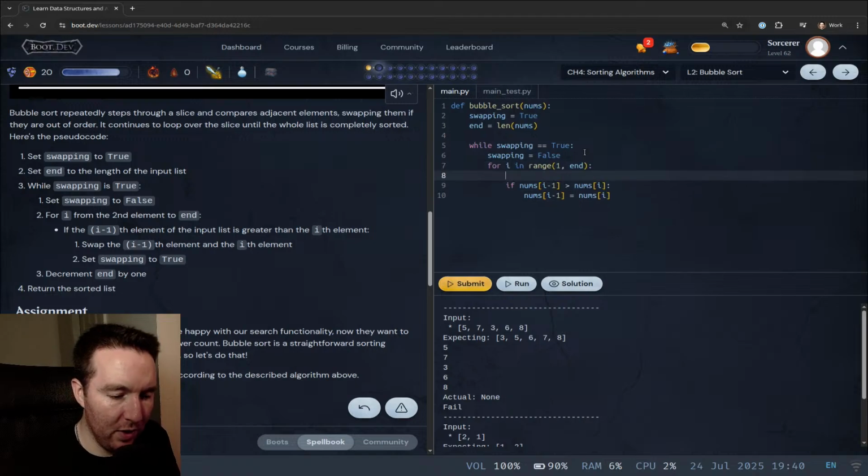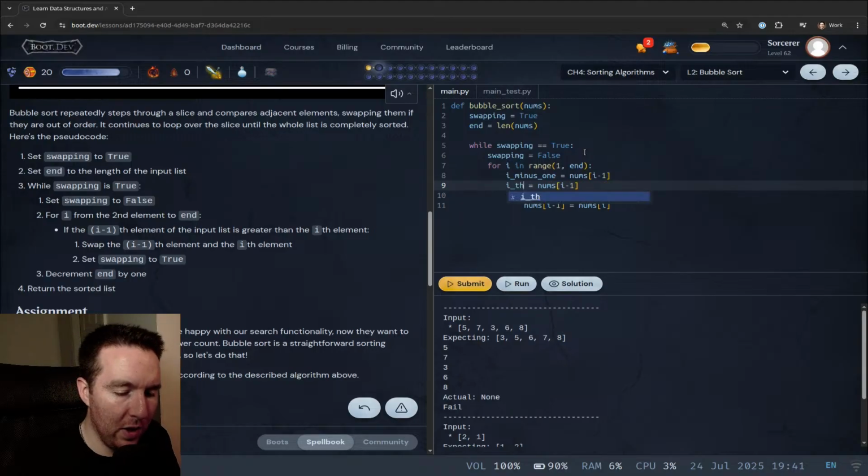Put these in a variable to make it less confusing. It's called minus 1 equals nums i minus 1. And I'll just put ith.